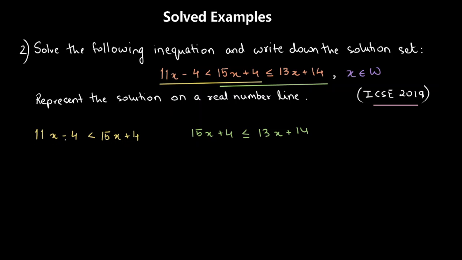So let's start by solving our first part here. We have 11x minus 4 less than 15x plus 4. Let's start by rearranging the terms first. Take the x terms together, so take the 11x on the other side and the plus 4 over here.